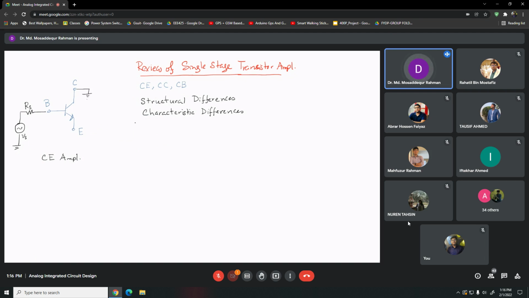Common collector will be grounded. And we apply the input at the base again and take the output from the emitter. So this is our common collector amplifier.